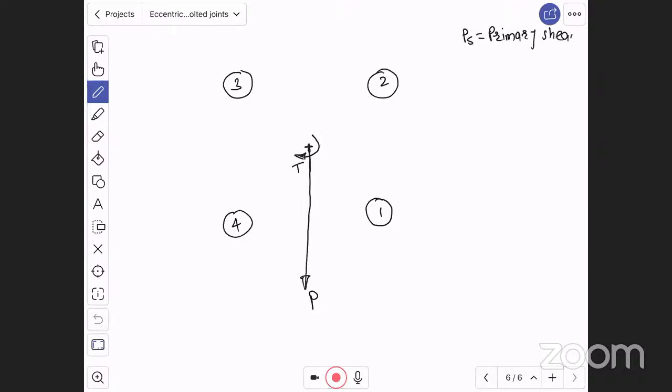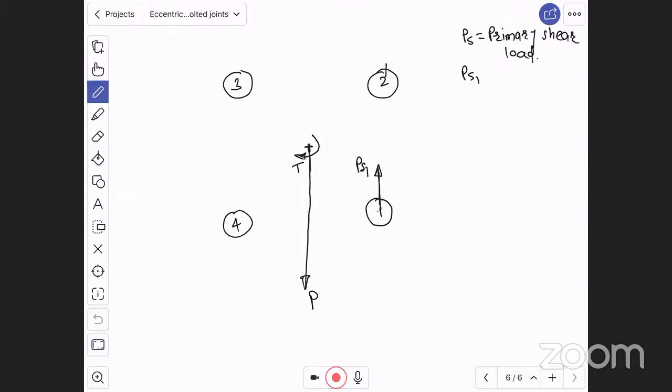That means PS1 will be primary shear load in bolt 1, which is opposite to the applied load. So it will be vertically upward, that is PS1, right?